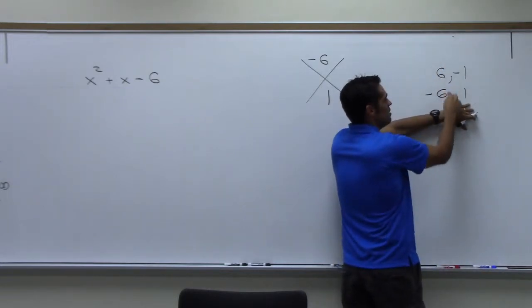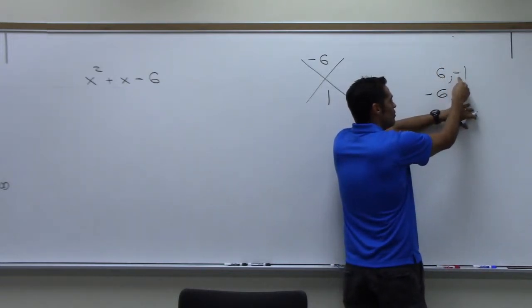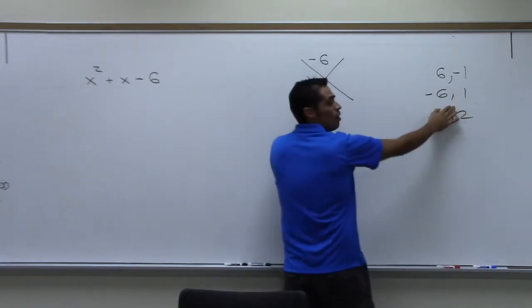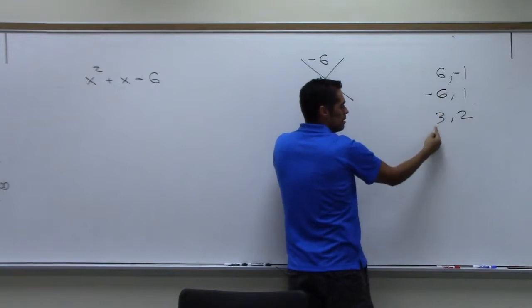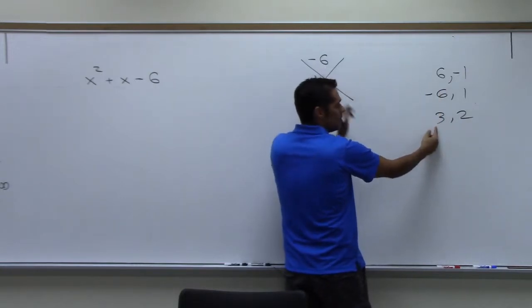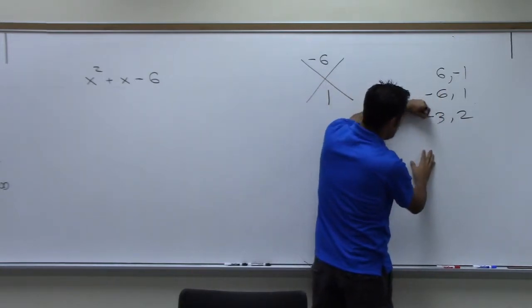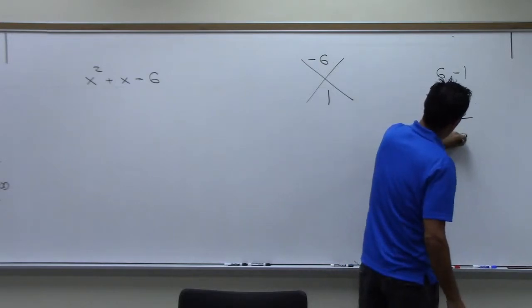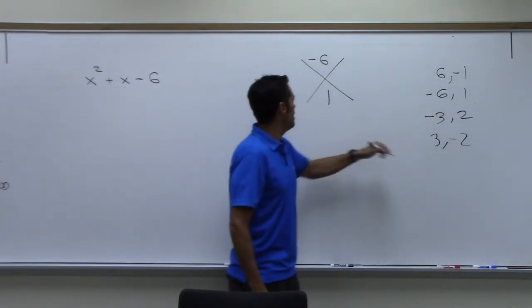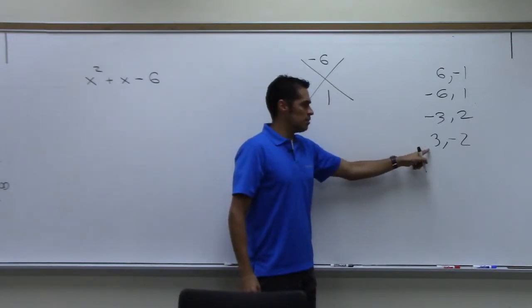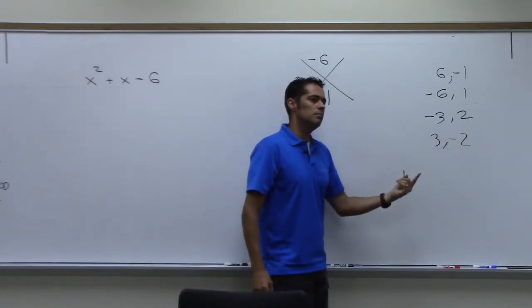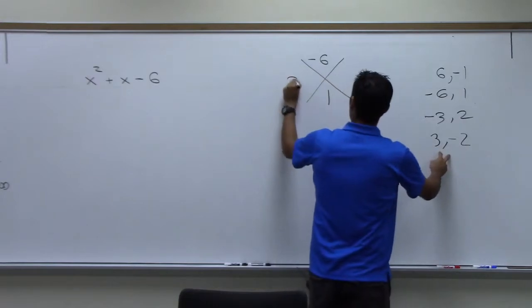Do either one of these, if I took 6 and added -1, or -6 and add 1, would I get 1? No. So it can't be those. Here, I still have to be negative, so one of these has to be negative, right? I could have this, or I could have this. Which of these would add up to be 1? Last one, right? So this is like 3 minus 2. So that's it. 3, -2.